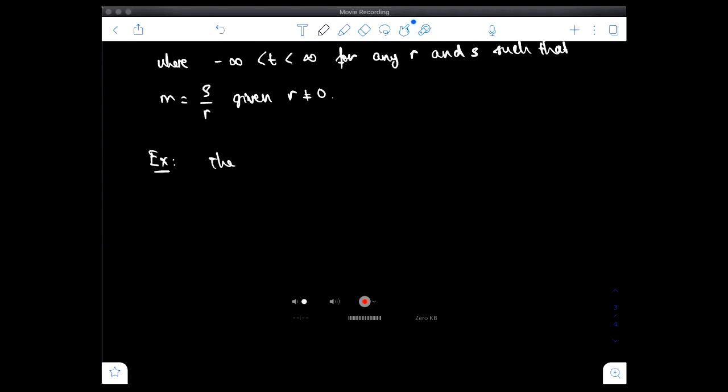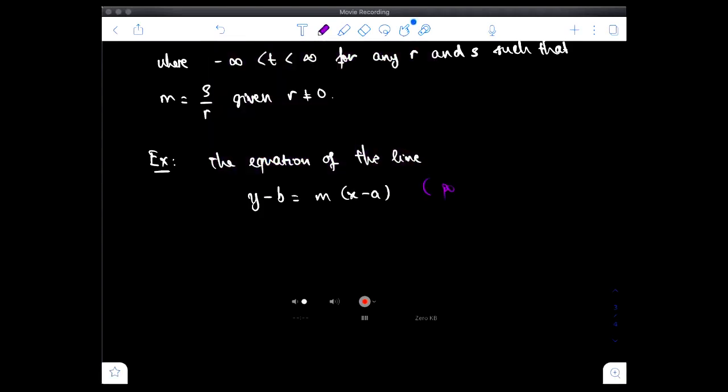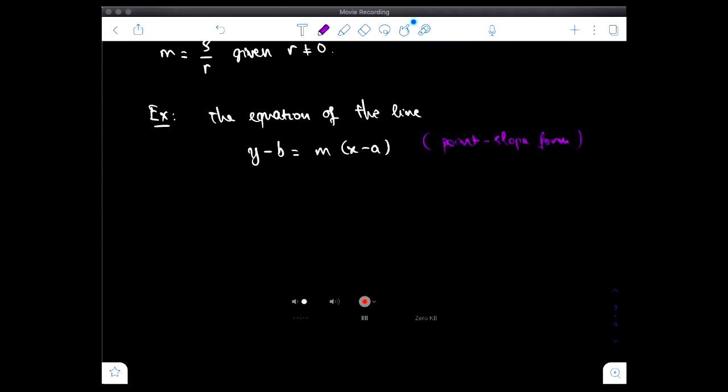So the equation of the line: you have y minus b equals m times x minus a. We know this is the point-slope form of the equation of a line.